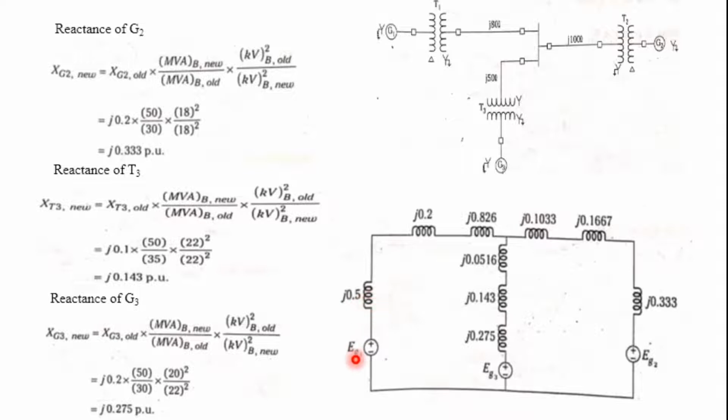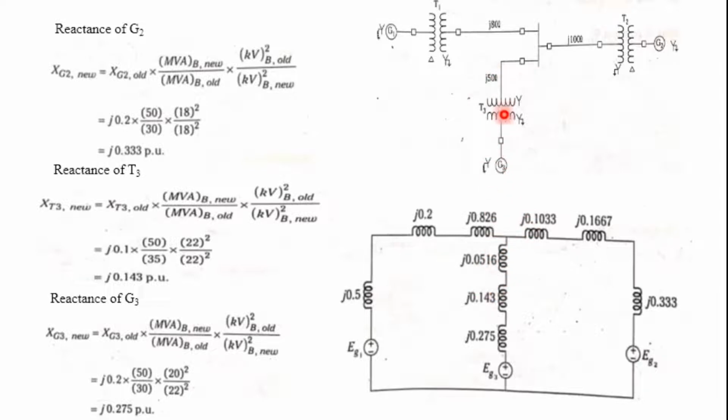So the reactance and the source of EMF for the generator G1, it is G1, EG1. Next we have transformer T1. This is just the reactance, and we have an 80 ohm transmission line. Then coming to this point, it is a 50 ohm transmission line.